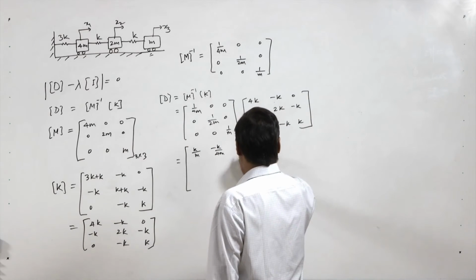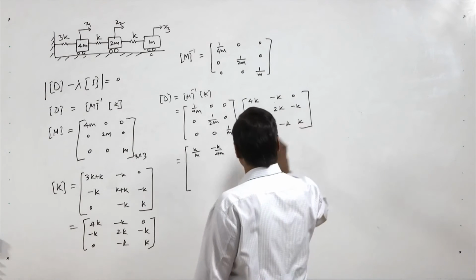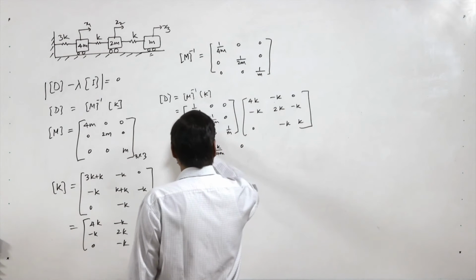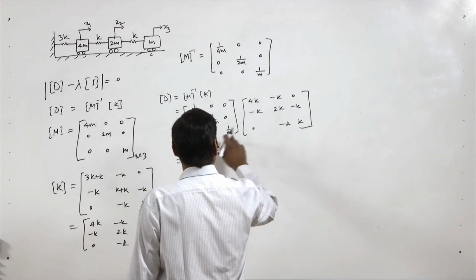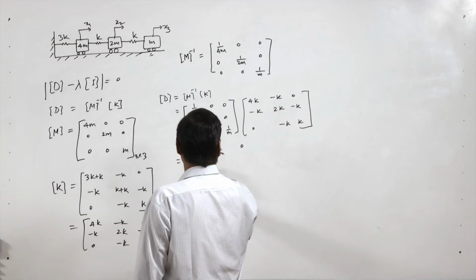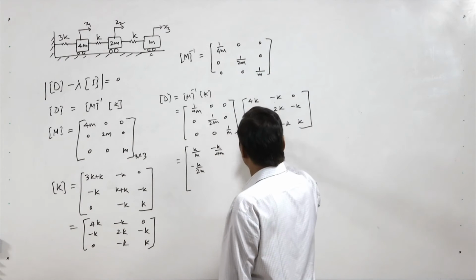Now for the second row and first column, we have 0, minus K by 2M and 0.